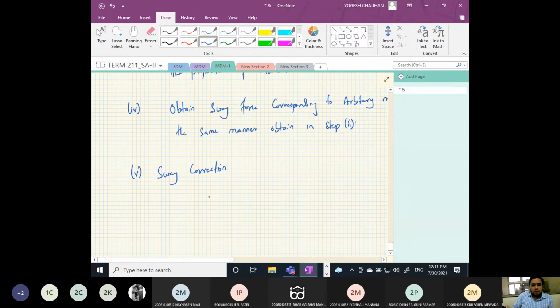So for the sway correction, let M dash AB, or M dash, be the non-sway moment, let M double dash IJ be the sway moment, and the correction to this will be multiplied by S by S dash.